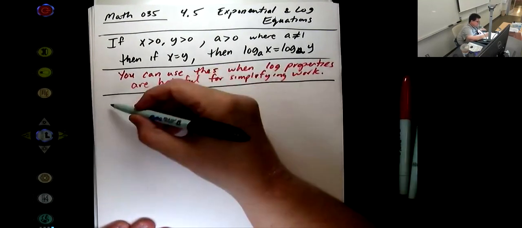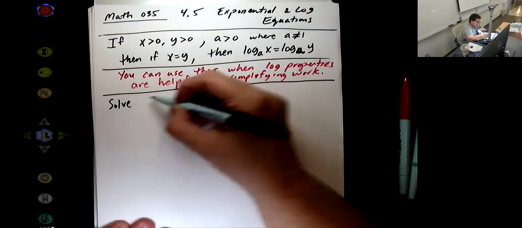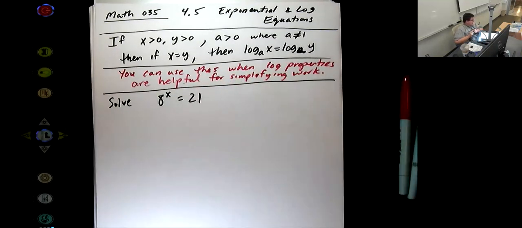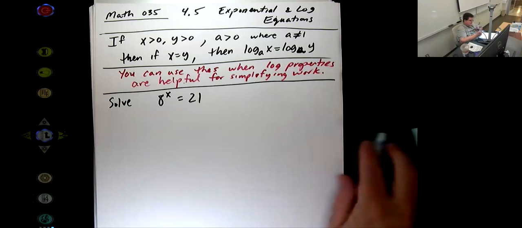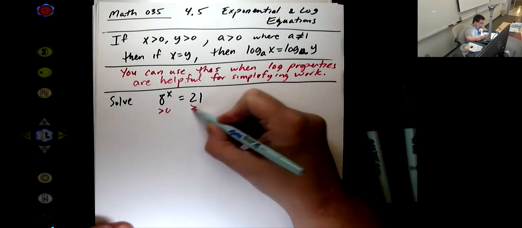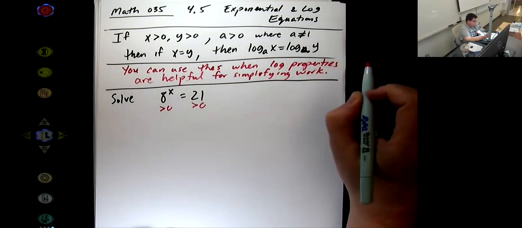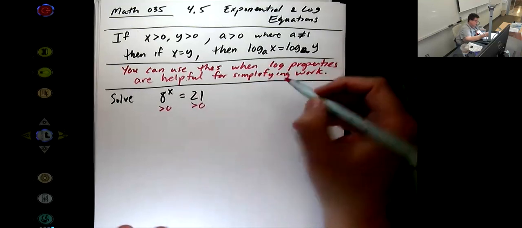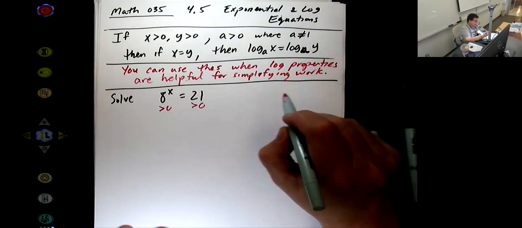So for example, let's solve 8^x equals 21. 8^x is some number greater than 0, and 21 is definitely greater than 0. So we can apply the property here. We can use whatever log base that we'd like.